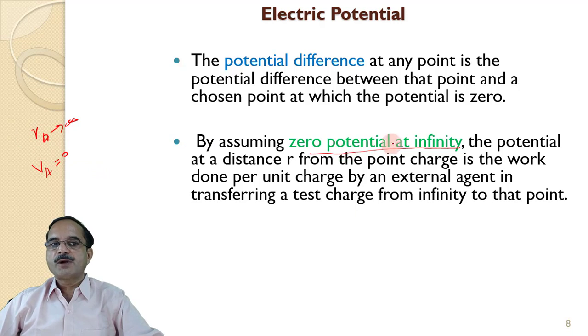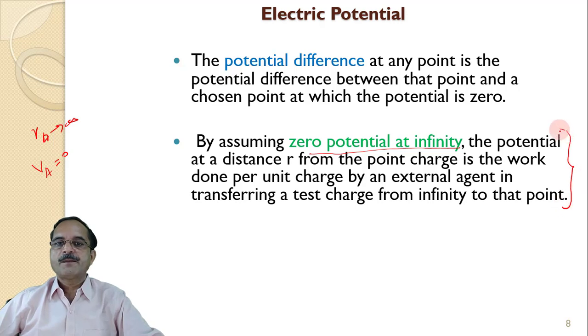So by assuming 0 potential at infinity, the potential at a distance r from the point charge is the work done per unit charge by an external agent in transferring a test charge from infinity to that point. So this is the definition of potential. So it is the work done per unit charge by an external agent in transferring a test charge from infinity to that point.